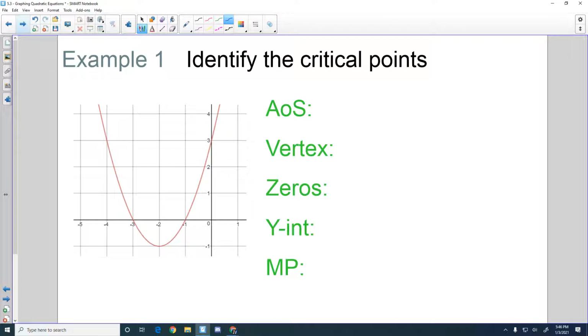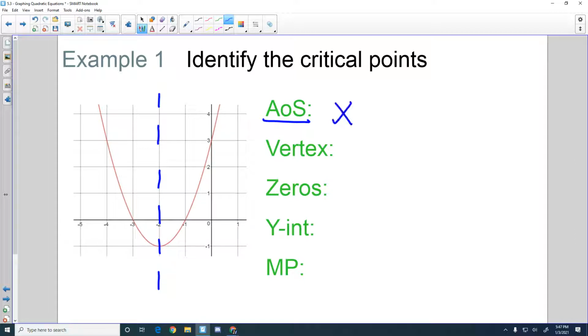First is the axis of symmetry, AOS for short, axis of symmetry. That's just this imaginary dashed line that cuts right through the middle of the parabola. And so basically just draw the line that's right in the middle. I'm sure you all can identify lines of symmetry. And the way that we write this is an equation.